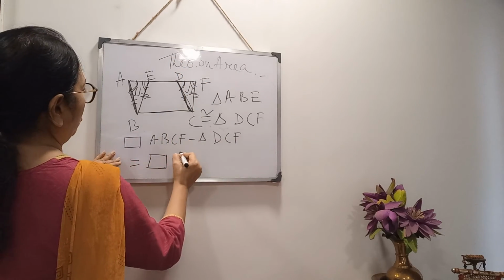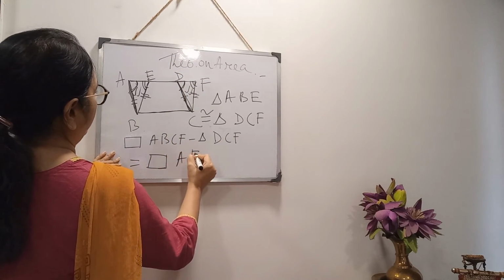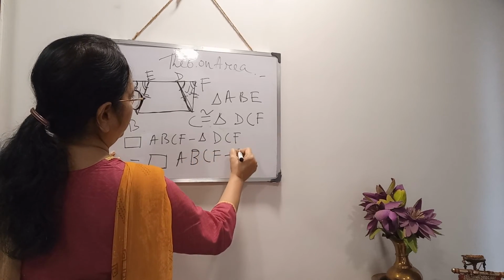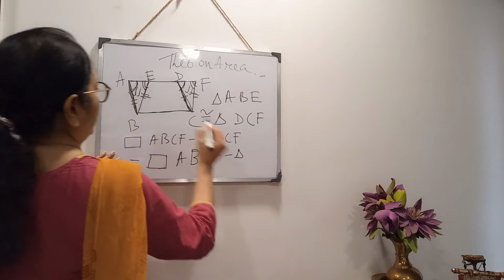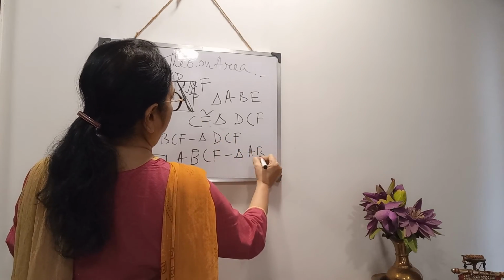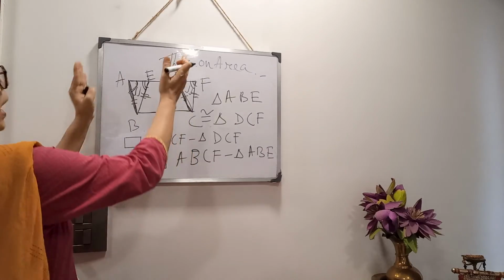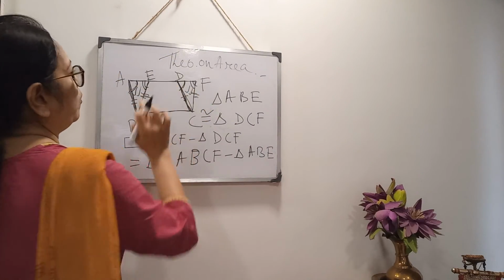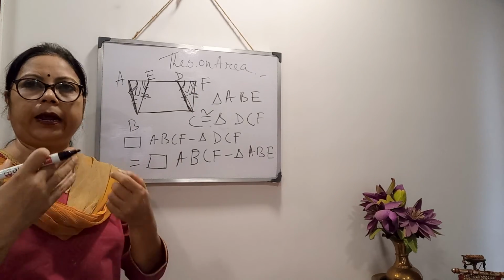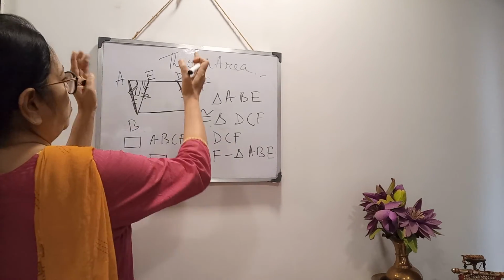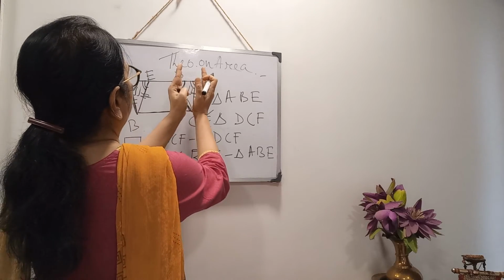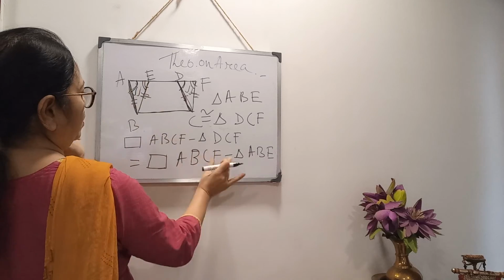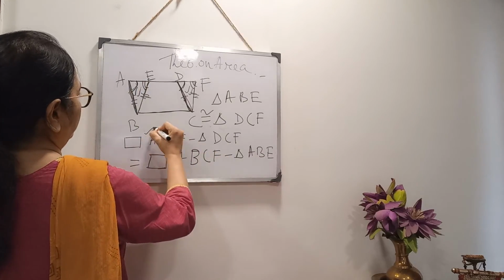Again, I am taking the whole quadrilateral ABCF, and from there I am subtracting the area of triangle ABE. Now these two triangles are congruent, so their areas are the same. So from the whole quadrilateral, first I am subtracting this part and then that part. Clear?